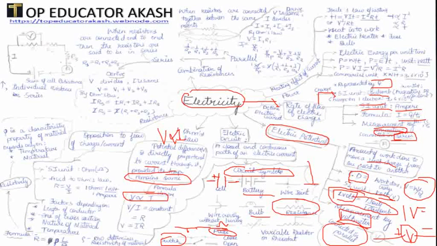As it is proportional, there should be some constant present here. So we can write V by I is equal to a constant, and this constant is nothing but R, that is resistance. So V is equal to IR. Another formula we got for potential difference is V is equal to IR: potential difference is equal to current into resistance.